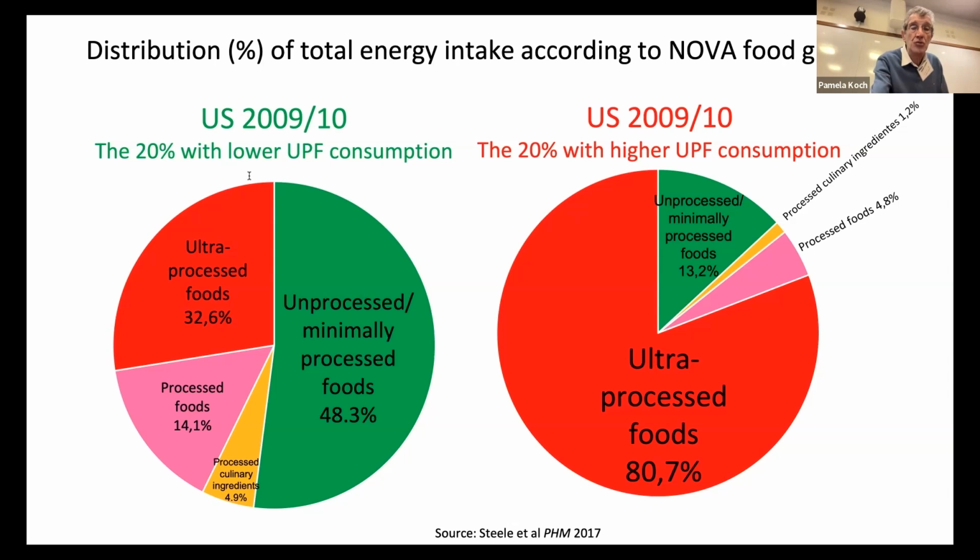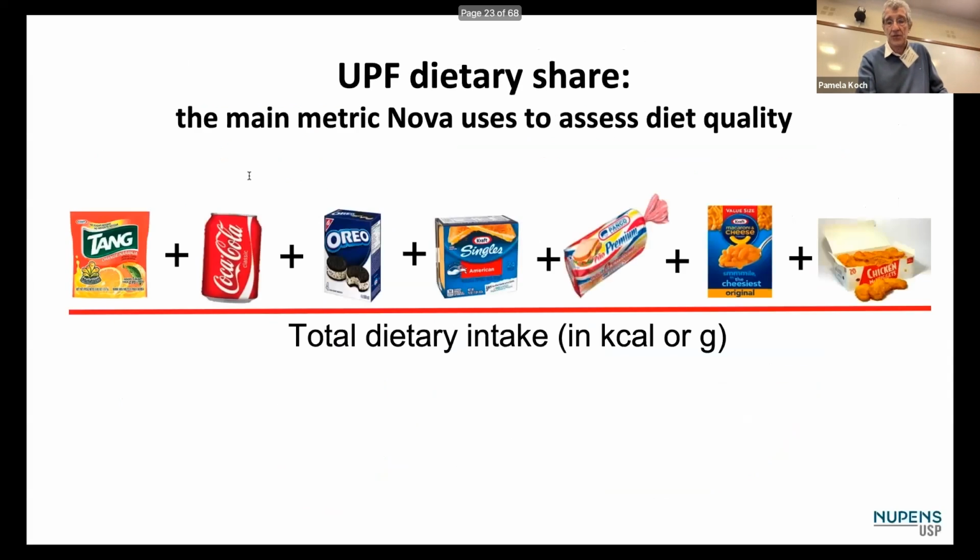So you see that most energy intake still comes from unprocessed, minimally processed, and processed culinary ingredients. And 32% from ultra-processed food is huge, but it's not most of the calories. But if you go to the other side, when I focus on the 20% highest UPF consumers, then you see 80% of calories. So almost everything comes from ultra-processed food.